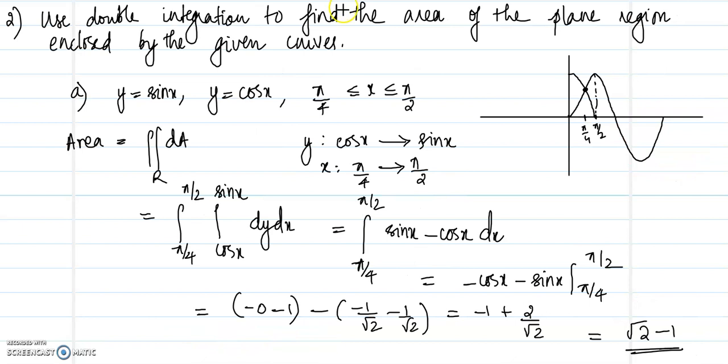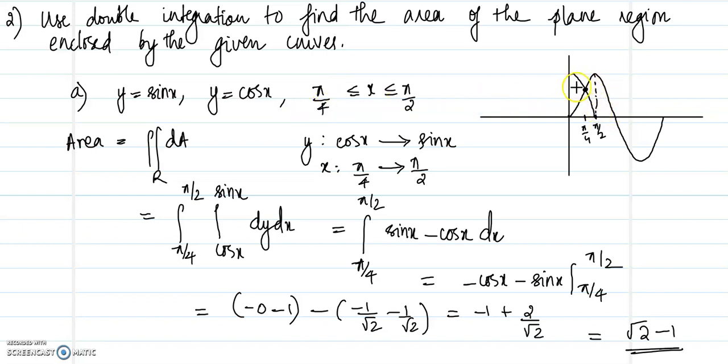Now let us see one more problem. Use double integration to find the area of the plane region enclosed by the given curves. We are given the curves y equal to sin x and y equal to cos x, and x varies from pi by 4 to pi by 2. So let us draw the graphs of sin x and cos x.